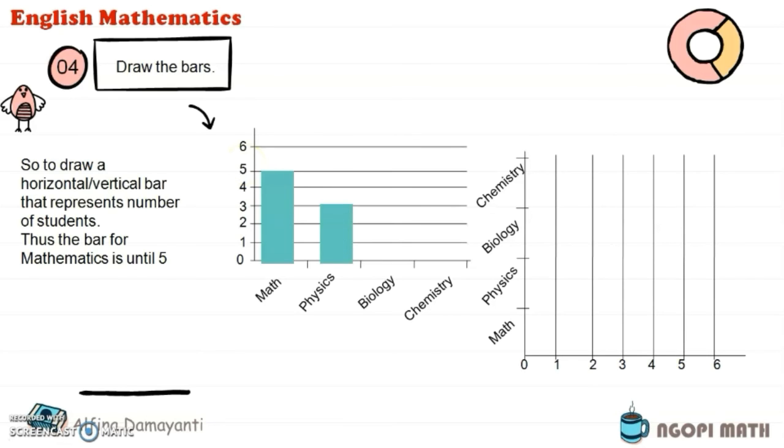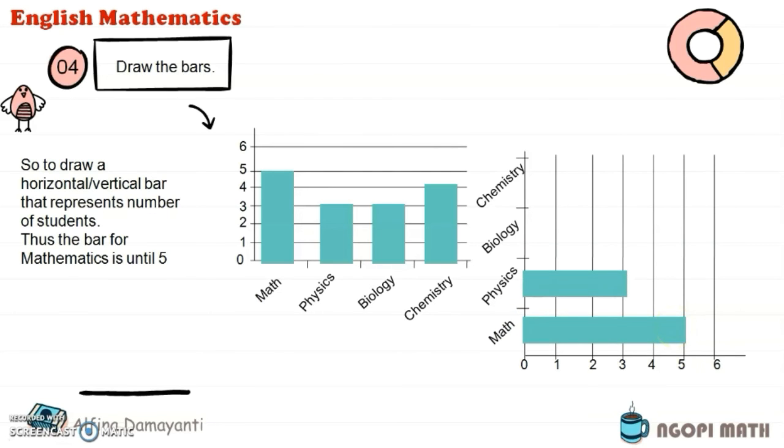Then physics, 3, then biology, 3 students, and chemistry, 4 students. And then type 2: math is 5, physics is 3, biology 3, and chemistry 4.